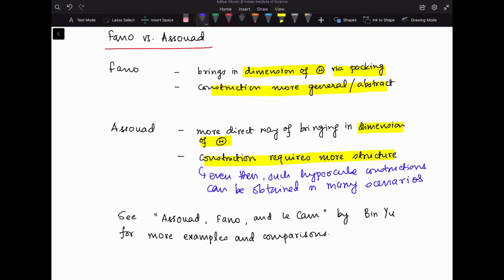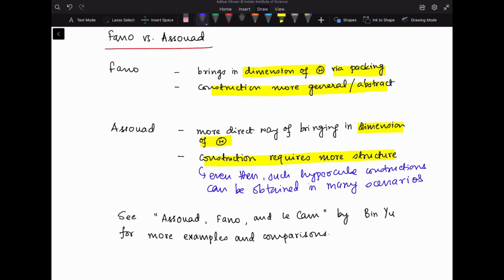This is especially helpful in non-parametric situations. For example, instead of estimating a finite dimensional parameter, you could have a problem where, based on n samples, you want to estimate the density function of the underlying distribution. In that case, your parameter space is a function class, and in those situations it's easier to use Assouad's method to obtain lower bounds.